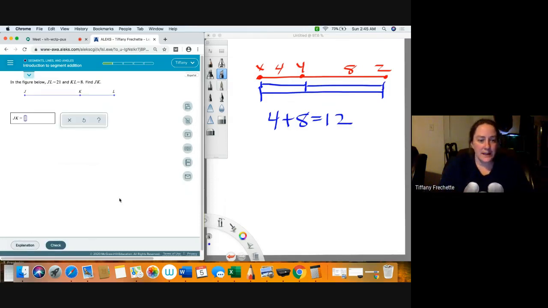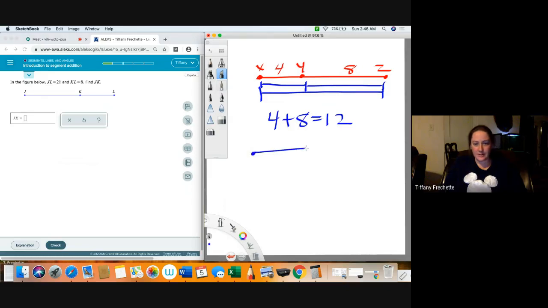All right, so this next one, I'll come over here. I'm going to start off with blue on this one because that's what my pen is already at. So I have L, J, and K is a little closer over here like this. It tells us that JL, the whole piece, is 21.